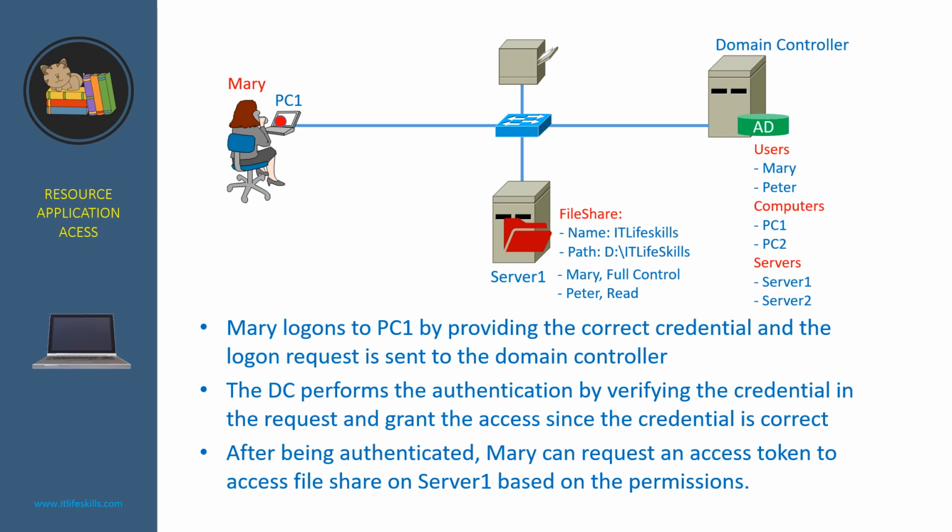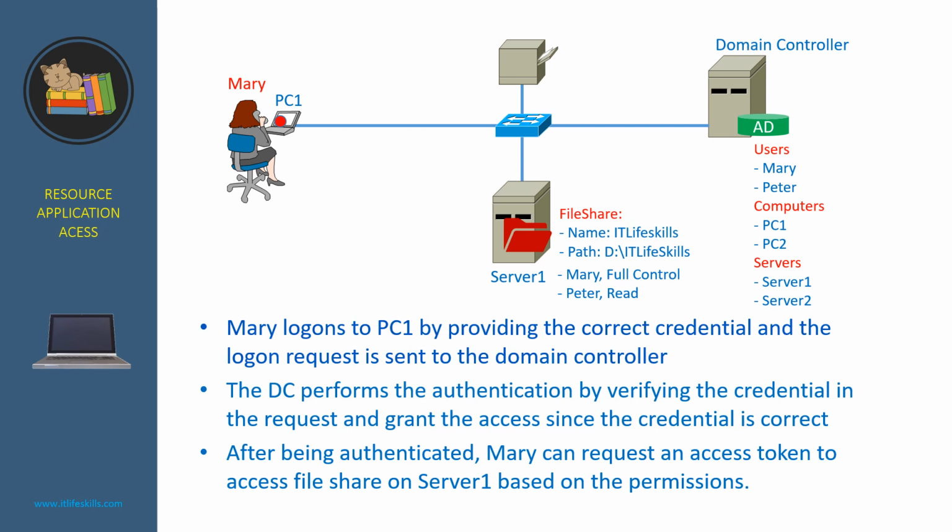As you can see, Mary's account was created in the Active Directory database, and PC 1 and server 1 had already joined the Active Directory domain, which means a trust relationship had been established among Mary's account, PC 1, server 1, and the domain controller.